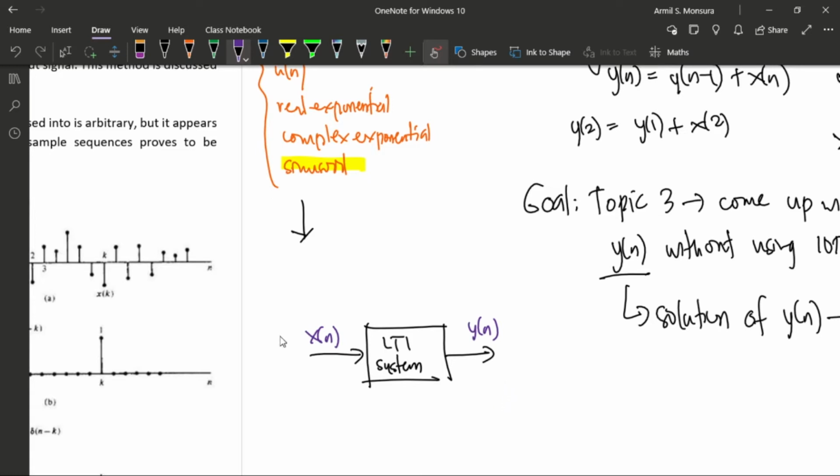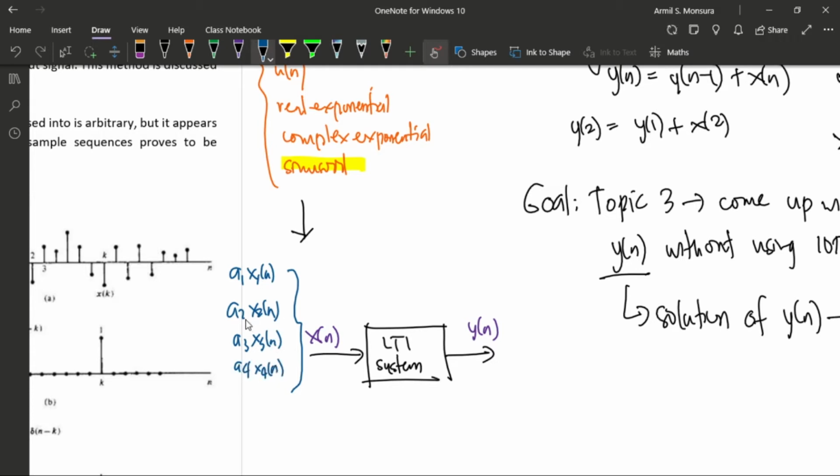Ngayon, ang gagawin natin, itong xn natin is, i-breakdown natin siya into components. Say for example, halimbawa lang to, A1 X1n, A2 X2n, A3 X3n, A4 X4n.